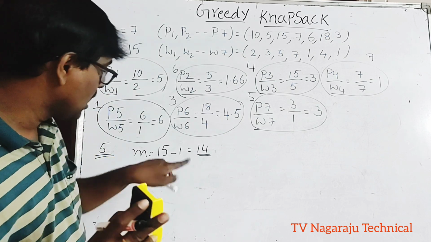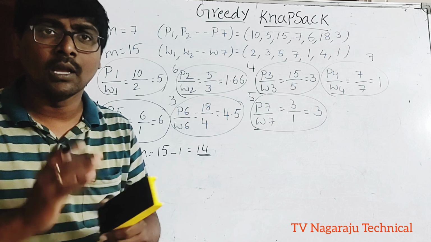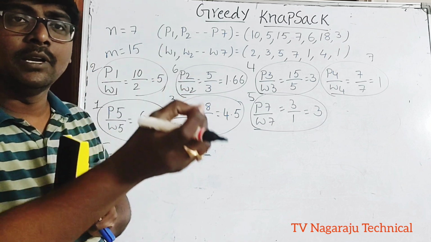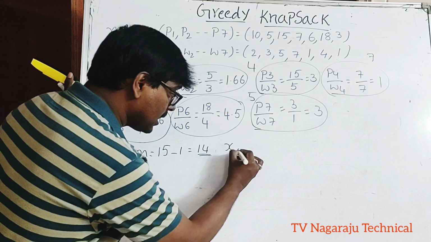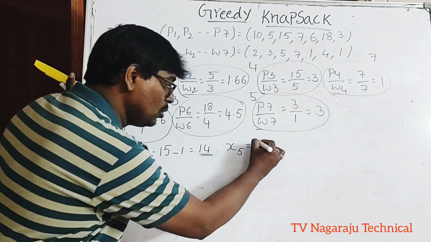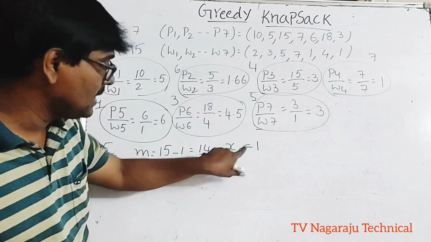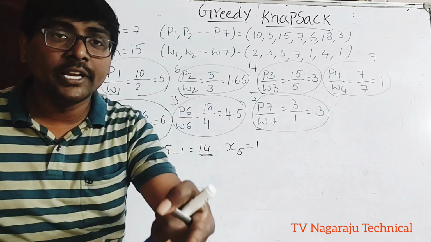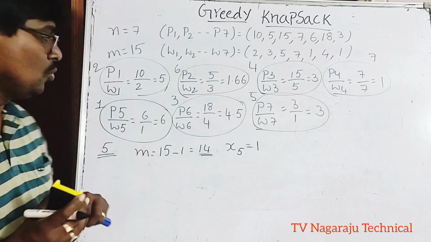You got my point? Once you place an item into the knapsack, simply a bag, the capacity reduces. Now, for my understanding, I use an instance x5. What is the value? 1. The meaning is the fifth object is completely placed into the knapsack. If it is completely placed, I give the value 1.